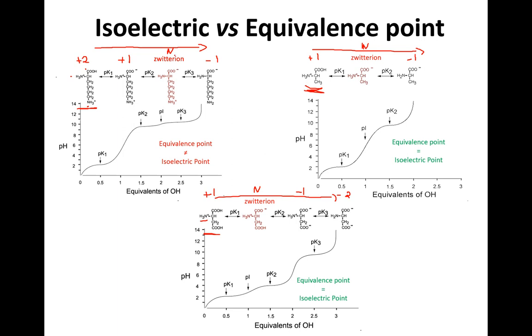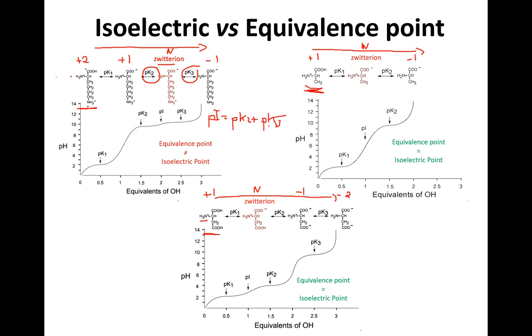So now you can actually predict as a number where the pI, or isoelectric point, will be by just calculating the average of the two pKs that contain the zwitterion. So for lysine, you can predict that the pI will be equal to pK2 plus pK3, whatever values they are, you get them from the table, right?